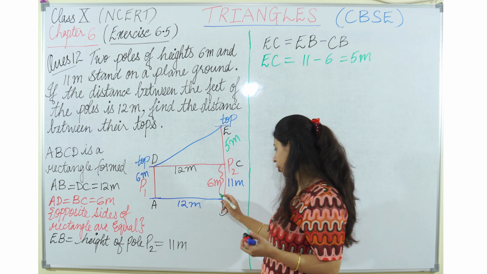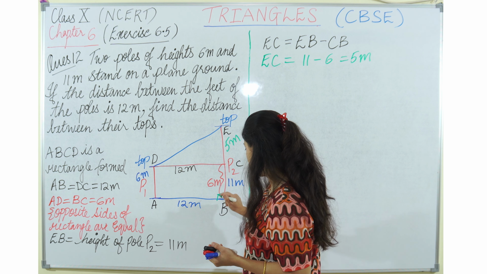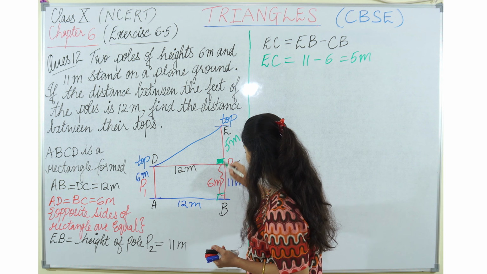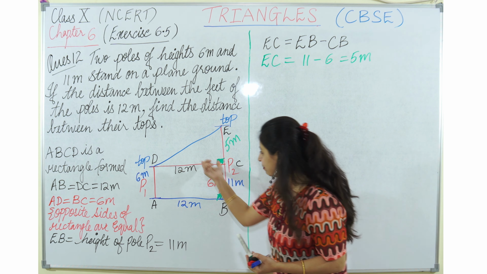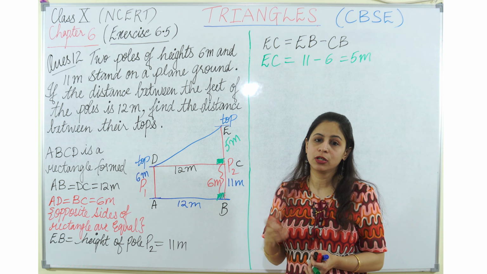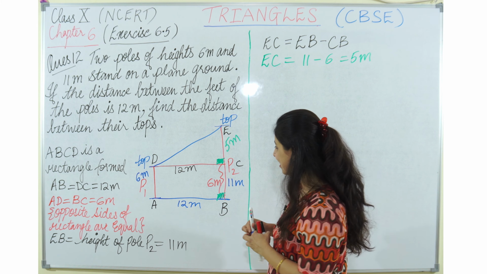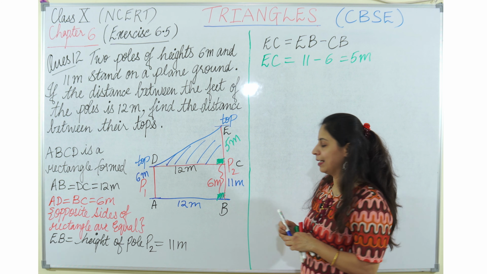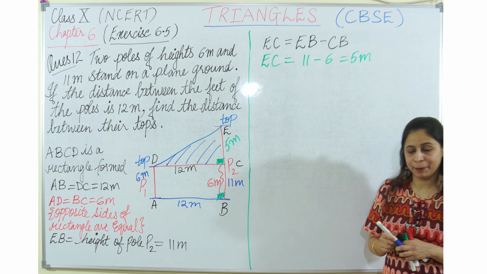Now we already know this is making an angle of 90 degrees. So corresponding angles are equal, so this angle will also be equal to 90 degrees over here. The triangle which is formed over here is a right angle triangle. When the right angle triangle is there, then the Pythagoras theorem is easily applicable.